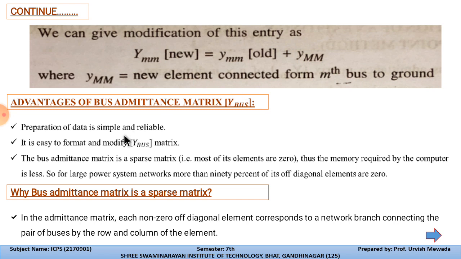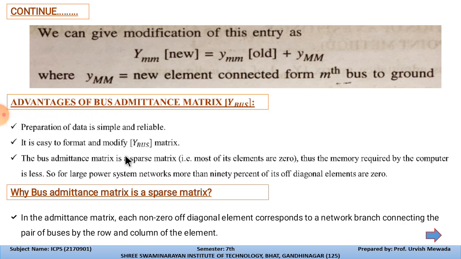Now the advantages of the bus admittance matrix are discussed over here. The first advantage is that preparation of data is simple and reliable, so we can easily solve any network using the bus admittance matrix.